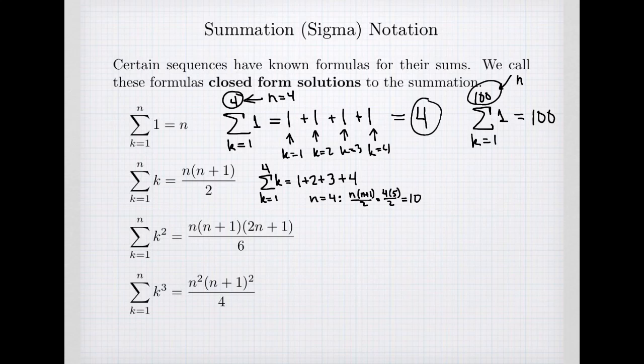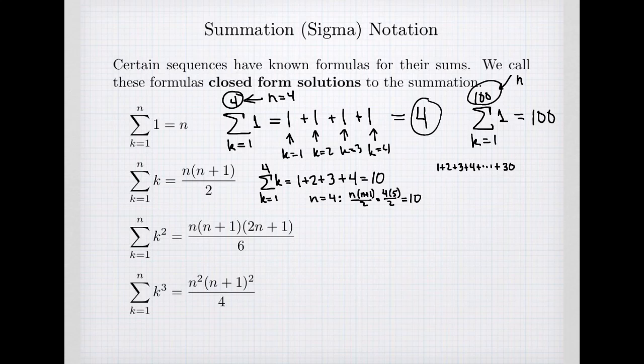The closed form says if I add 1 plus 2 plus 3 plus 4, I get that value 10. And we can check the work. 1 plus 2 is 3, 3 plus 3 is 6, 6 plus 4 is 10. Okay? So, if I want to ask the question, what is the sum 1 plus 2 plus 3 plus 4, and I keep doing that until I get to the number 30.